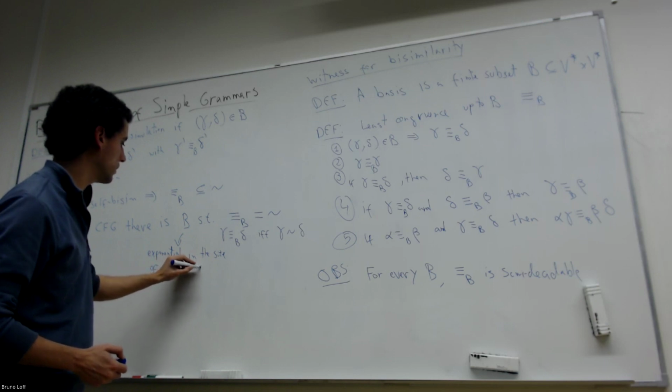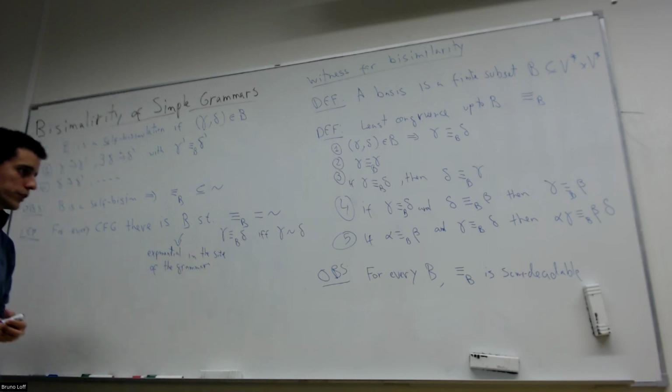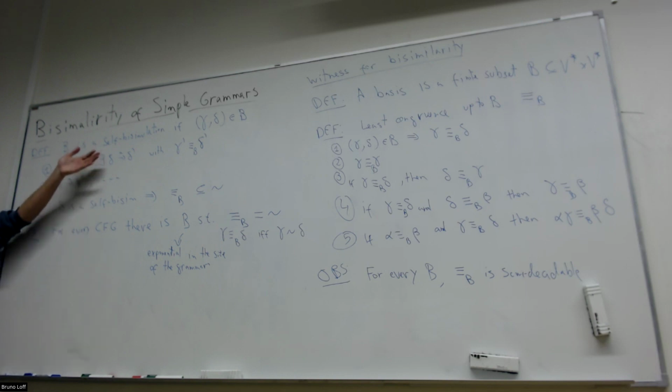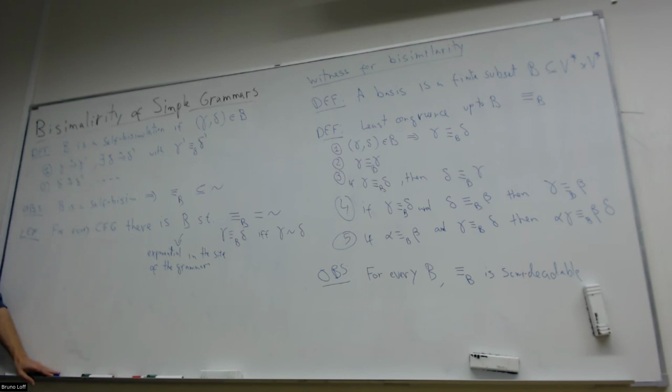So let's say you want to guess an algorithm. What do we do? You have to guess over all bases of exponential size, of which there are doubly exponentially many, and then you have to guess a proof that this is actually good for what you want to do, which again is another exponential.